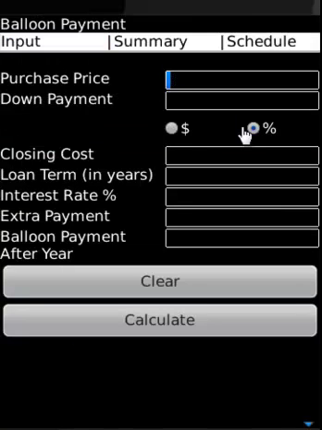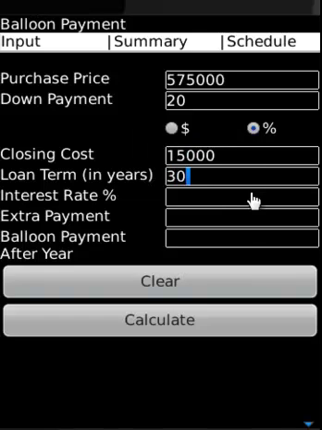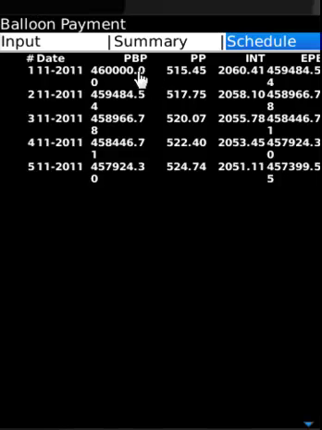Balloon payment: say 575,000, down payment is 20%, closing cost is 15,000, loan term is 30 years, interest rate is 5.375%, extra payment is 200, and balloon payment after 5 years. So see, this is the monthly amount, this much is the balloon payment to pay, and then the schedule.